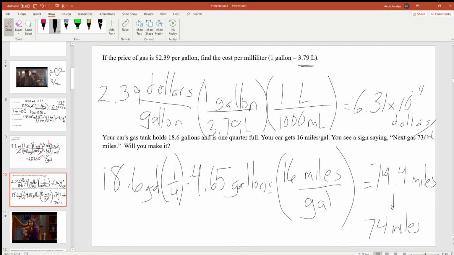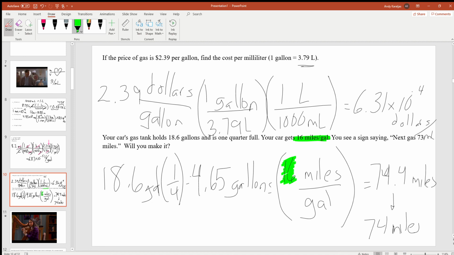Now, normally we don't have to worry about unit conversions in terms of them impacting our significant figures. In this case, we do. And that's because the 16 miles per gallon is not an infinitely significant number. That's another measured value that we've only reported to two significant figures.